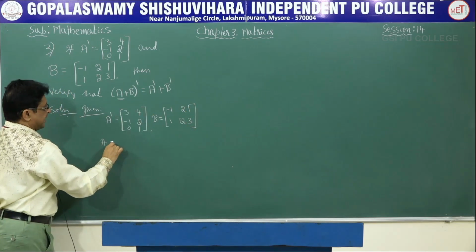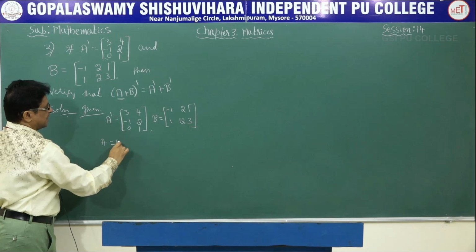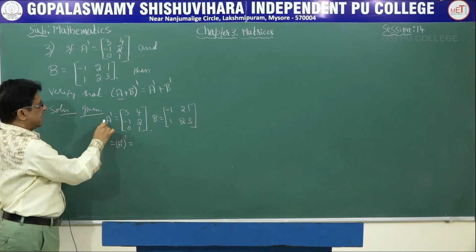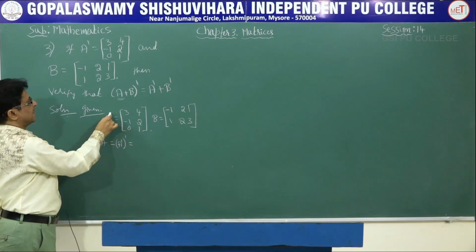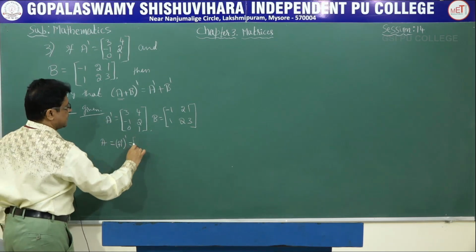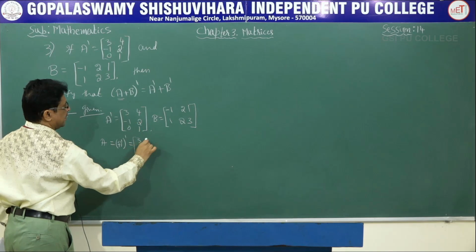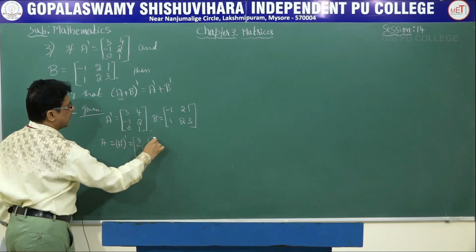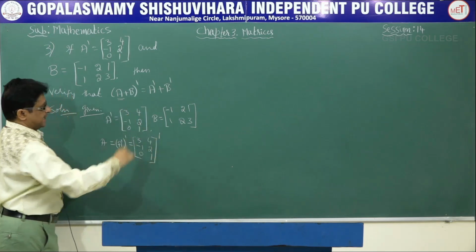So we find A. A is nothing but A dash whole dash. That is, we shall take the transpose of the matrix A dash, that is 3, 4, minus 1, 2, 0, 1 whole dash.